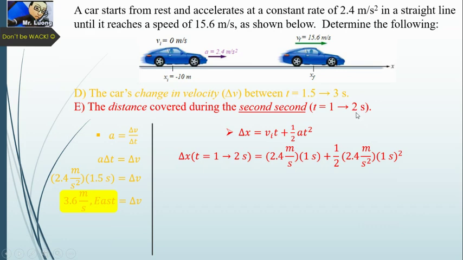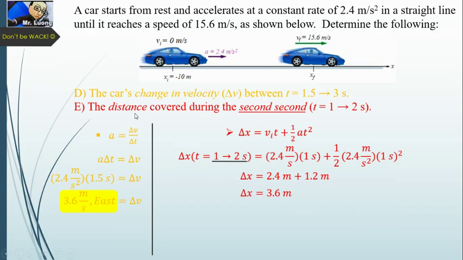You have to pay attention that from 1 to 2 seconds, it's a difference of just 1 second. This is usually where kids go wrong, because they might just plug in the biggest number. So it's important to take the difference in the 2 times. So 2 minus 1 is 1 second. All right, other than that, it's just calculator work. So if you do that, you should get 2.4 plus 1.2, which will give you 3.6 meters.